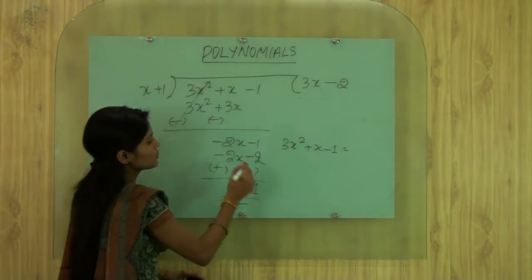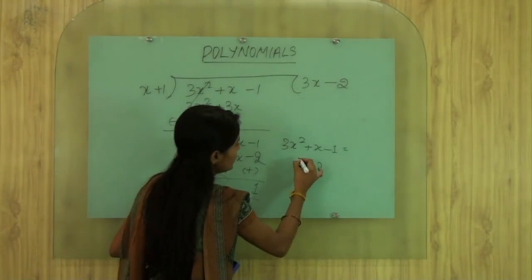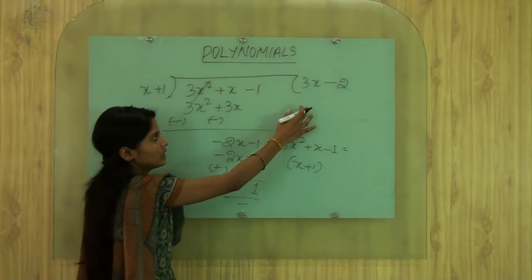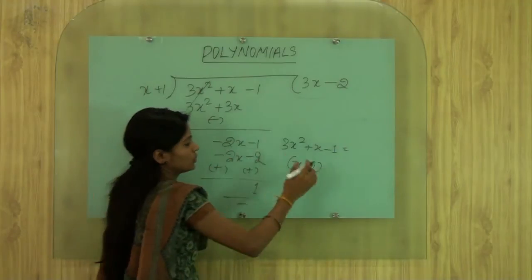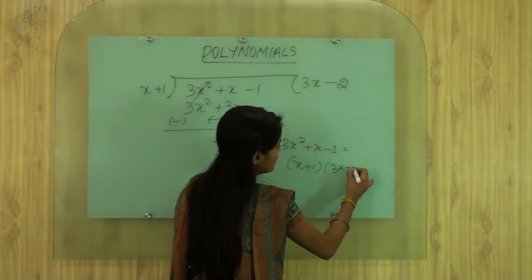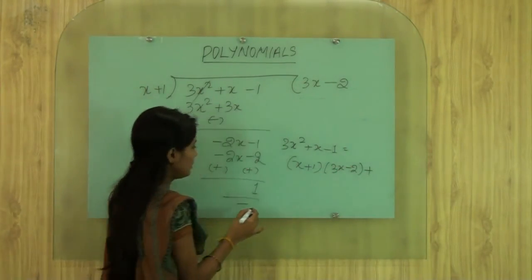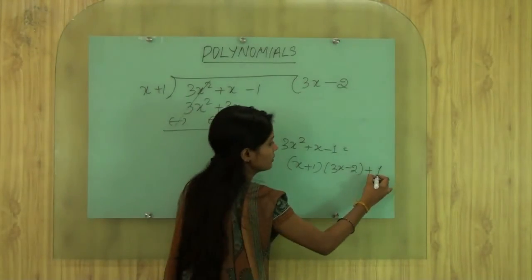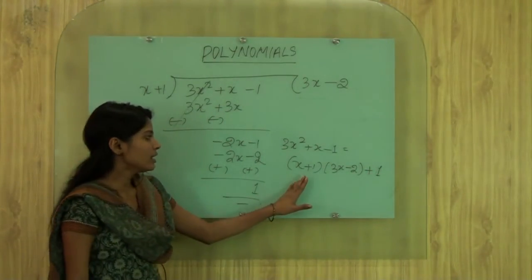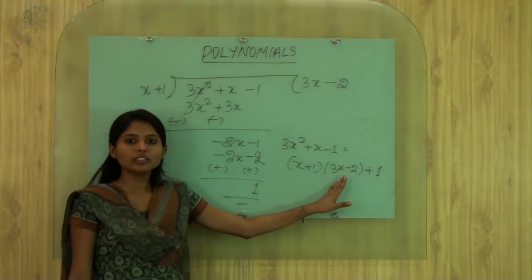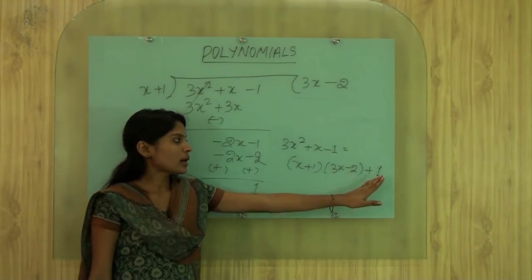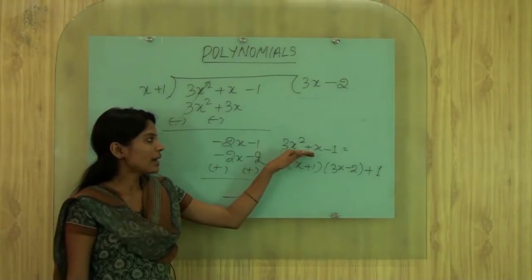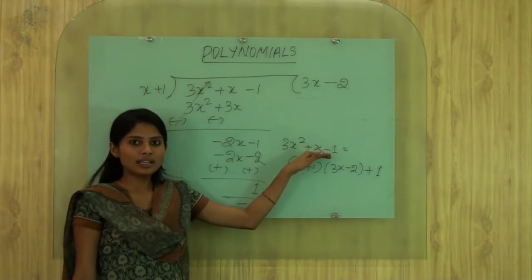What's your divisor? x plus 1 into the quotient, that is 3x minus 2, plus remainder is 1. So if you multiply x plus 1 with 3x minus 2 and add 1 to it, then you will get the value 3x square plus x minus 1.